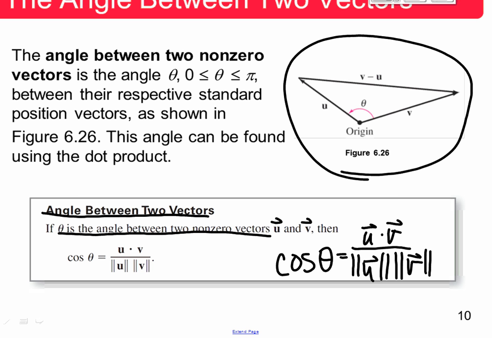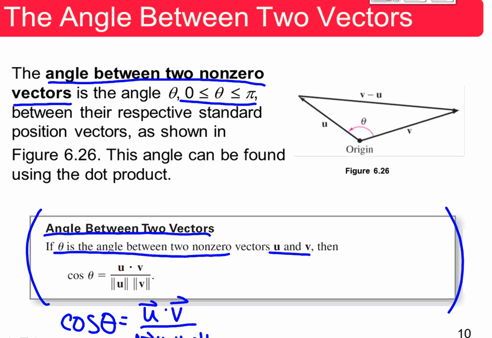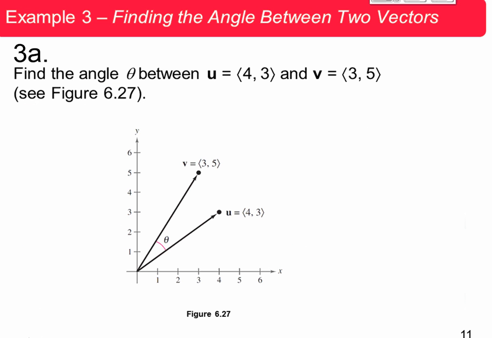Okay, so do you have that written down? And you're ready to go. Okay, so here's our next problem, and that is to find the angle theta. So this is 3a.